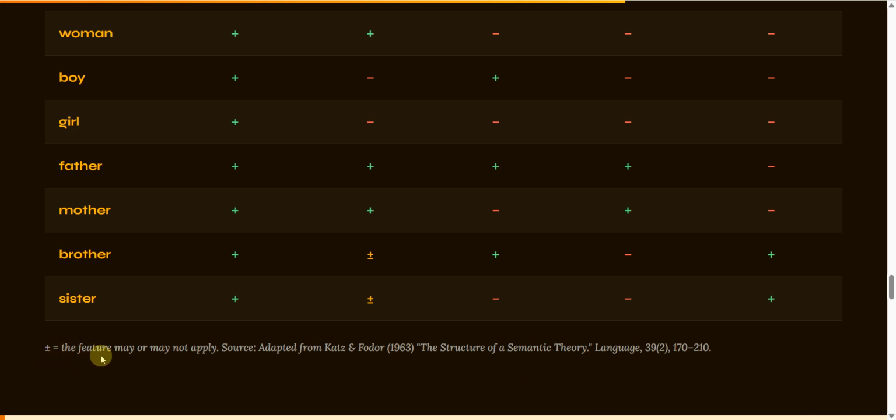This one says the plus-minus feature may or may not apply. This is adapted from Katz and Fodor's 1963 work, The Structure of a Semantic Theory.